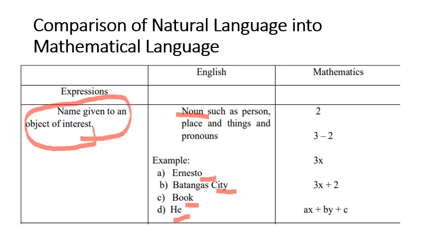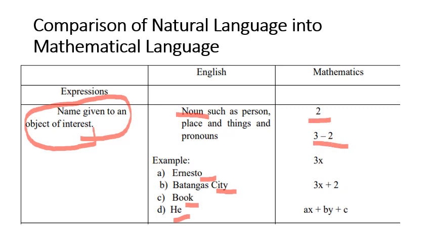Pero pag sa mathematics, syempre hindi mag-a-appear dyan yung mga nouns na yan and so on. Sa mathematics, you can use numbers, terms, letters to name your object of interest. If you are talking about specific numbers or values, you can use a number. So, 2. Pag sinabi mo, 3 piraso, edi 3 ang ilalagay mo. Yung 3 piraso, binawasan mo ng 2, edi meron kang 3 minus 2.